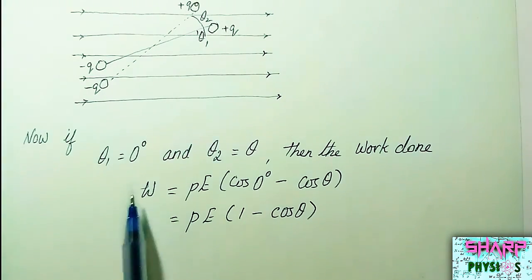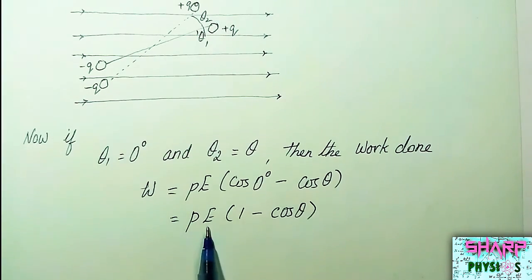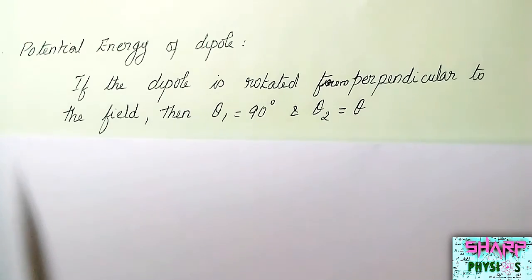So when it is rotating in the same uniform electric field, we get the formula W is equal to P E into 1 minus cos theta.